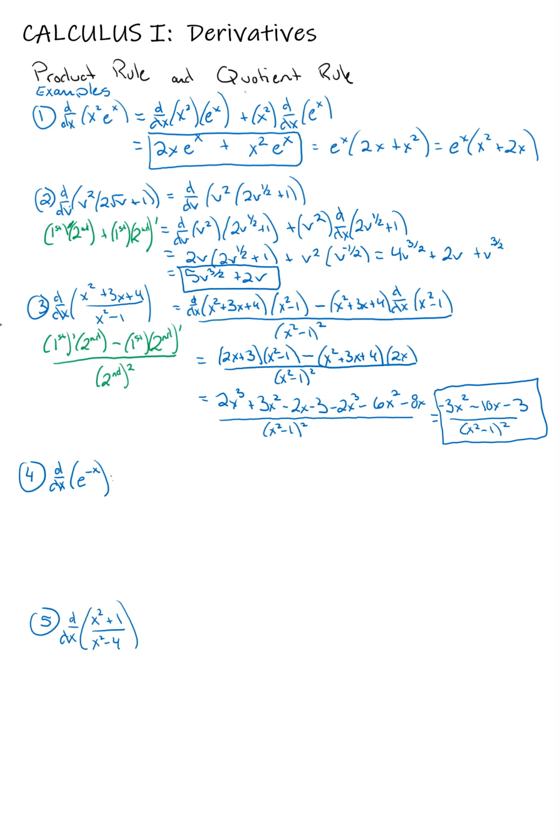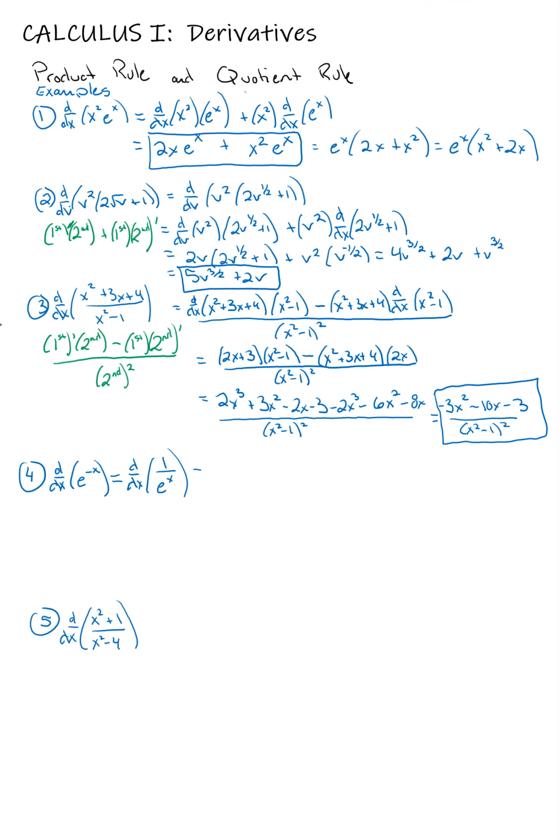Moving on to example 4, we're going to take the derivative of e to the negative x. Now, this could be worked a few different ways, but in the world of product rule and quotient rule, I want to make sure you are comfortable working with these rules. So let's go ahead and write this as a quotient. Notice this is 1 over e to the x. Yes, there are other ways of taking the derivative of e to the negative x. The chain rule is very popular, but I can also work it using the quotient rule.